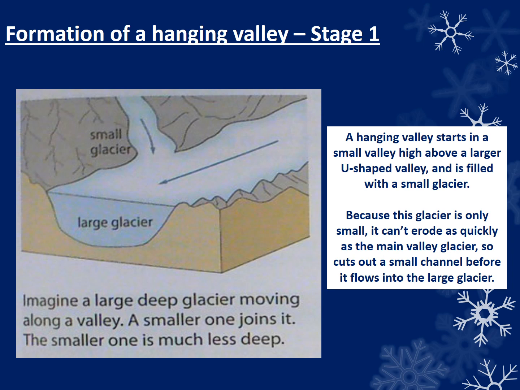Now you have this main glacier and this main valley, but also on the sides of it, where you have your steep sides, you also have smaller glaciers and smaller valleys, and these are called tributary glaciers, little baby glaciers. Because these glaciers are much smaller and they don't have as much ice, they aren't as powerful. They don't have as much energy and power to be able to erode through abrasion, the scraping away, and plucking, the picking away of rocks from the area around it. So because it's only small, it only carves out a really small channel high up in the side of the main valley.